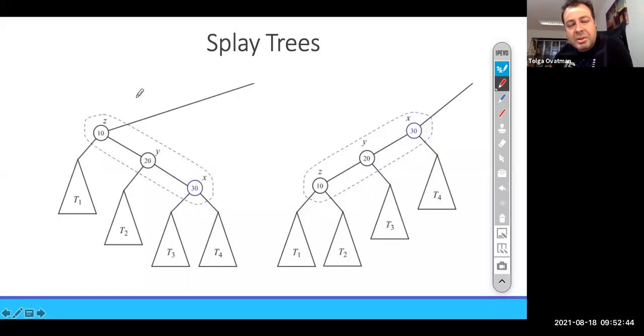So in order to make this one easier to name and refer to, this is sometimes called zigzagging. Zigzagging is going left and then right as a sequence. We look at three different cases, zig-zig, zig-zag, and so on. So you go left, left, or left, right, or right, right.